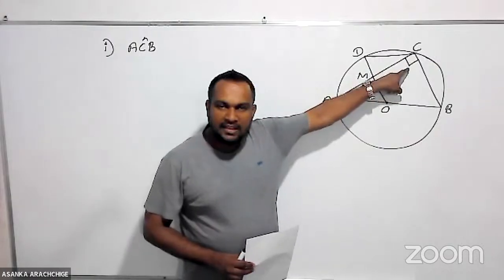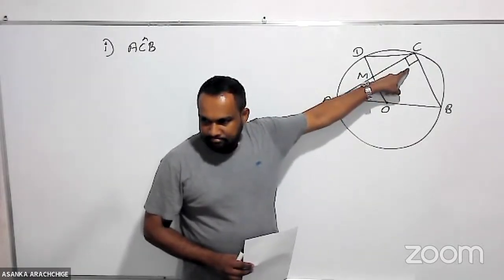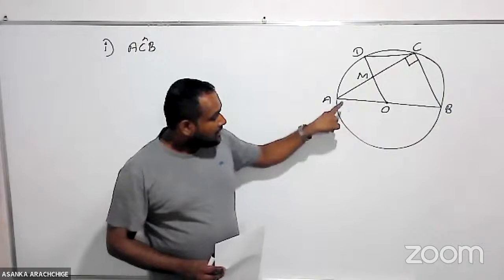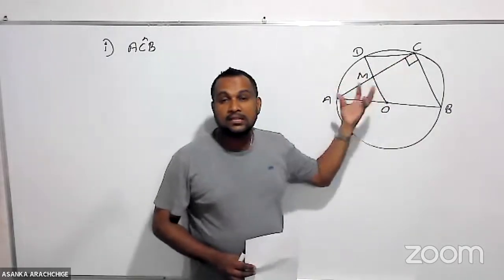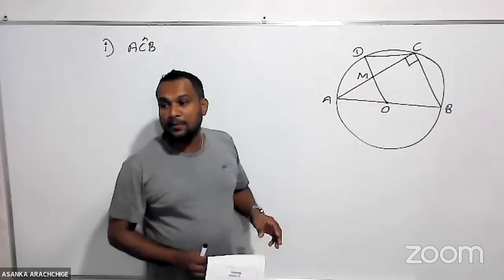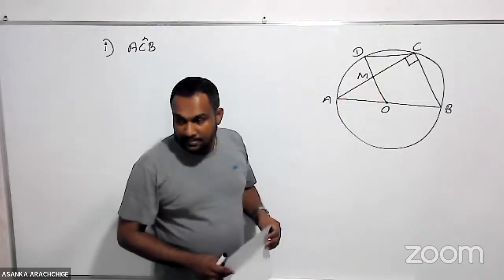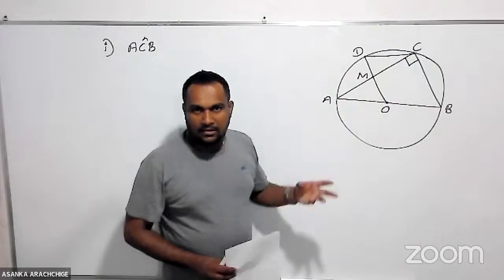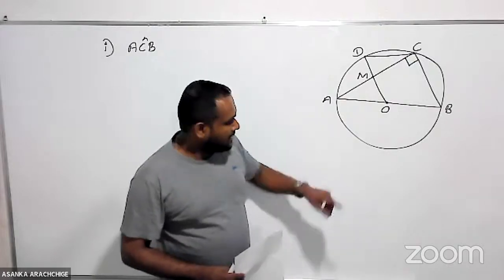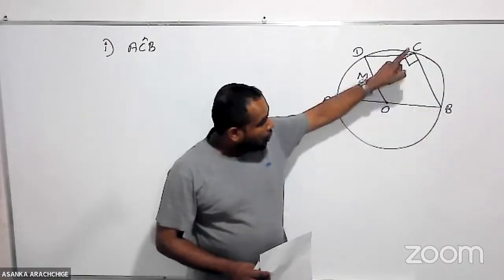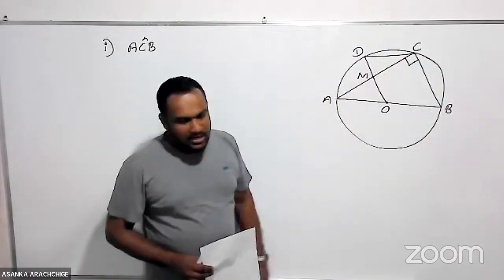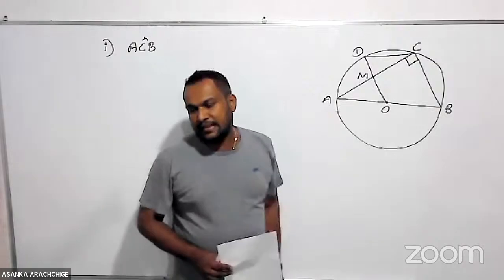We call these angles in a semicircle. The angles subtended by the endpoints of a diameter on the circle are always right angles.